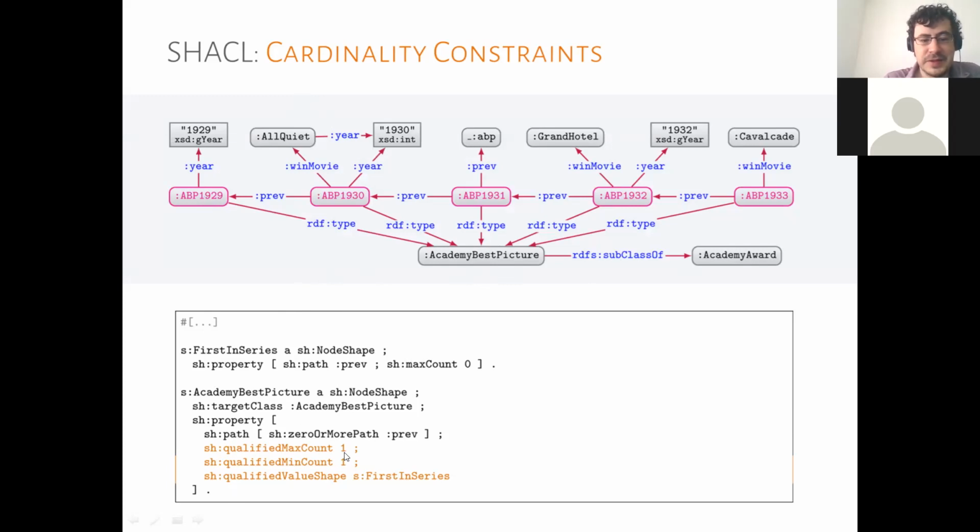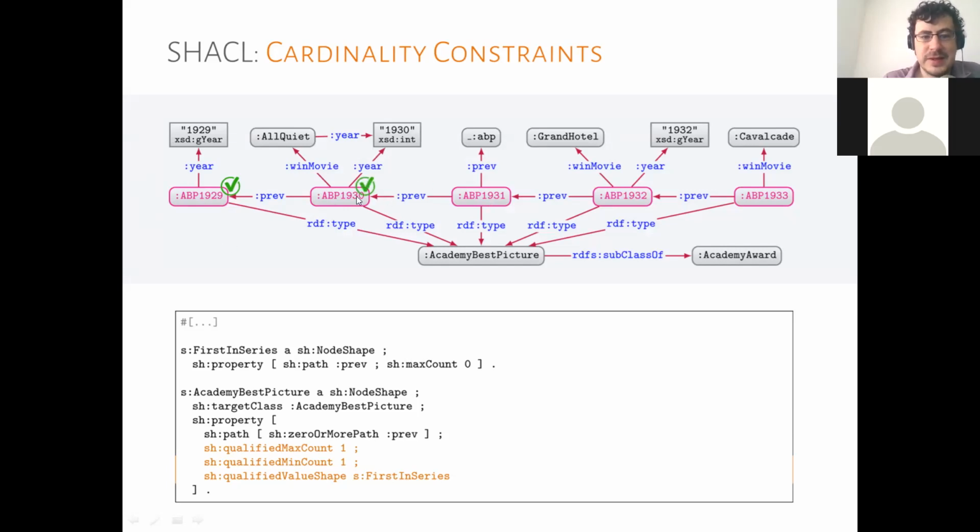And then we have to count, does it have exactly one first in series, which means that is it connected to precisely one such node that is the first in the series? It's connected to itself and only itself, so it passes. In this case here, again, similar argument, it's connected to at most one node via recursive previous that has no previous, so it passes.